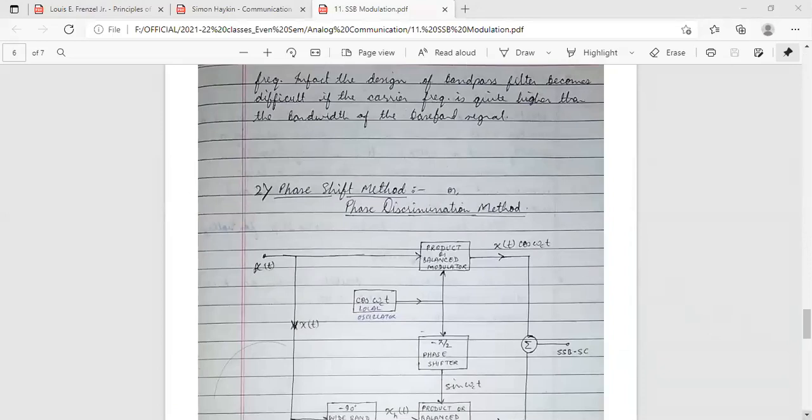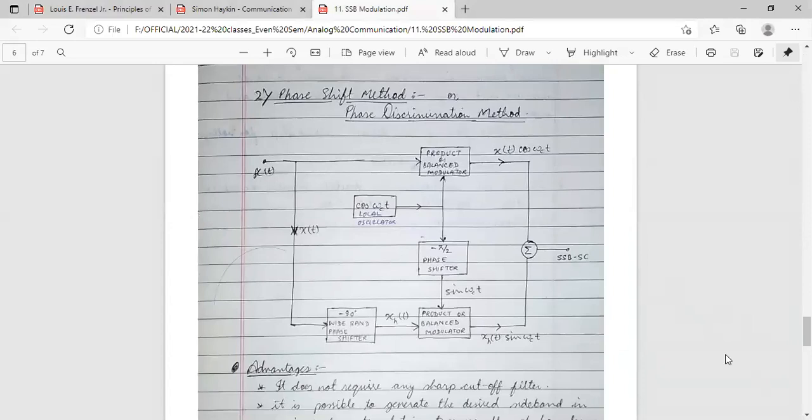Here we can see that in the phase shift method, there is a product modulator.